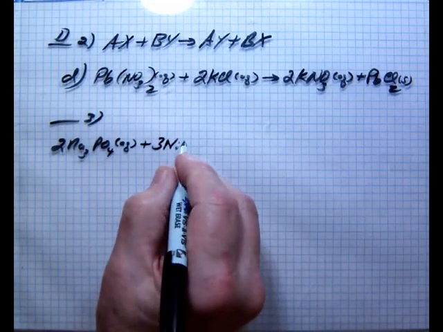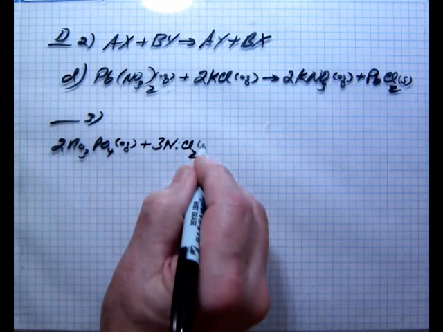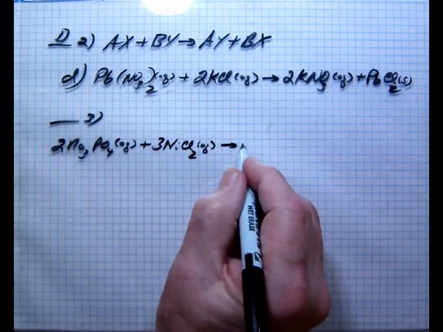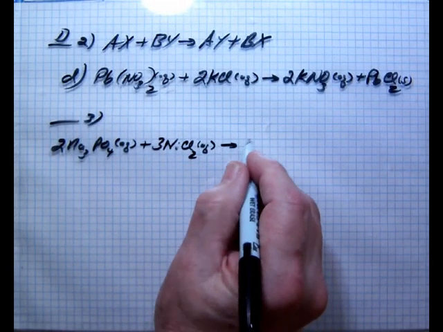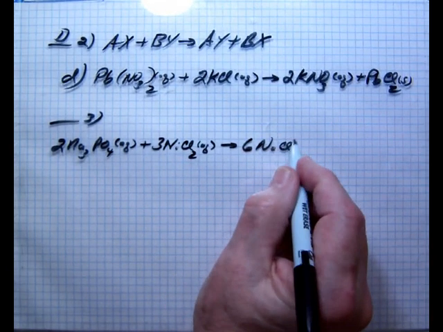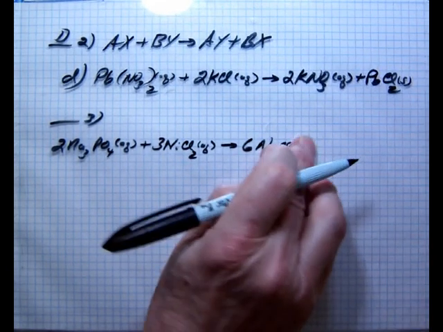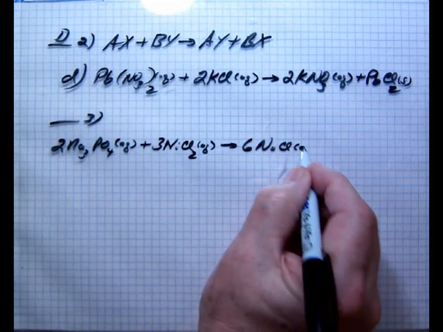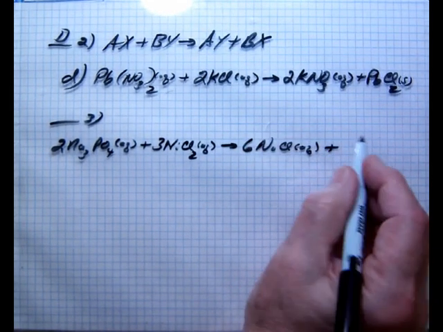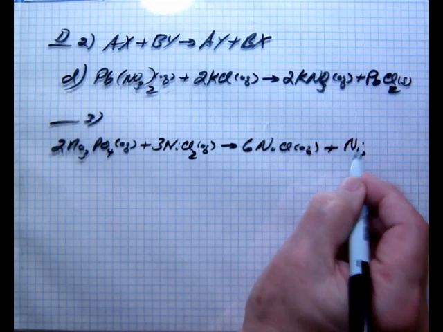Nickel chloride, that'll be aqueous, goes to 6 sodium chlorides, and that'll be aqueous. Nickel phosphate.